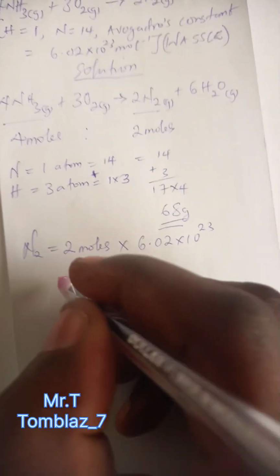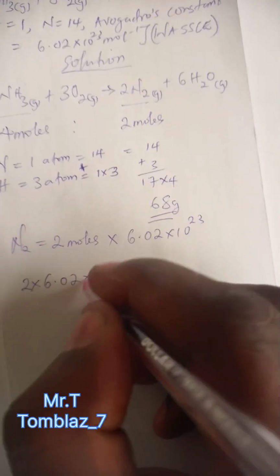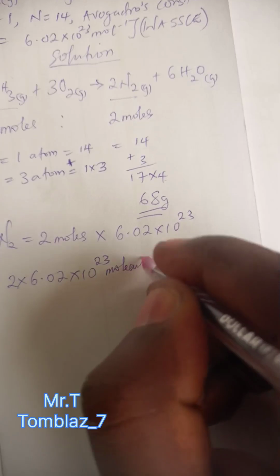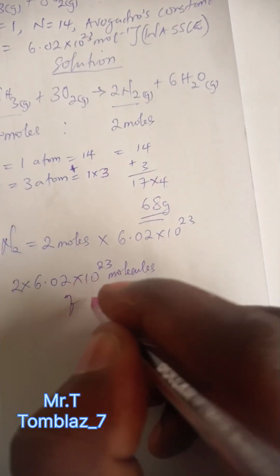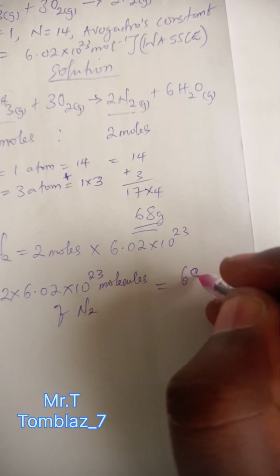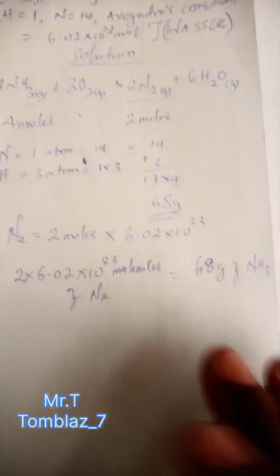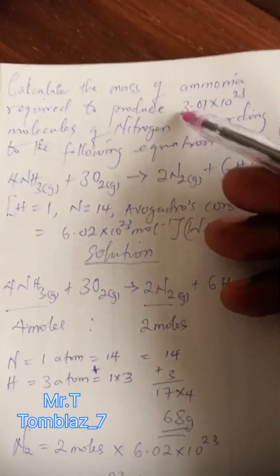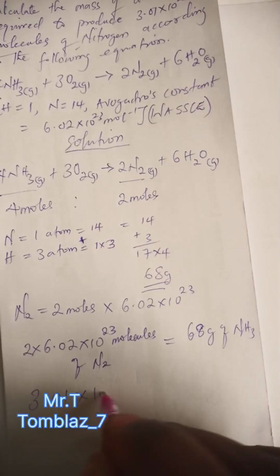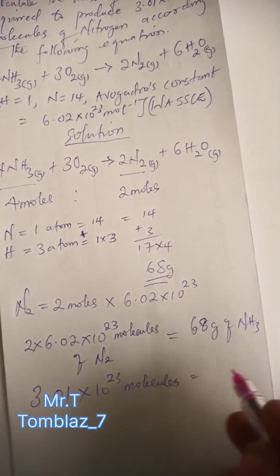What this means is that 2 times 6.02 times 10 raised to power 23 molecules of nitrogen is produced by 68 grams of ammonia, right? Okay, so then what does the molecule that is given in the question produce? What will it produce?